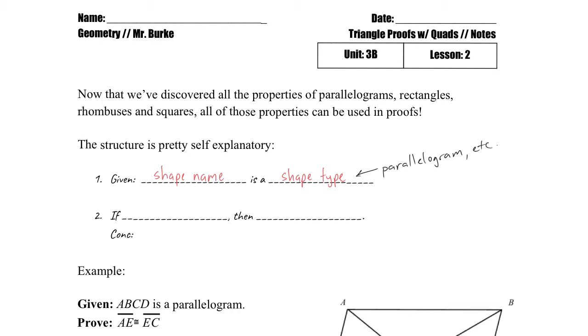So given that blank is a parallelogram, rectangle, rhombus, or square, then you apply the property. And the conclusion would obviously match the property. So if you're going to say something like, then opposite sides are congruent, then you would have a set of congruent sides here. Then opposite sides are parallel, your conclusion would be parallel sides, so on and so forth.